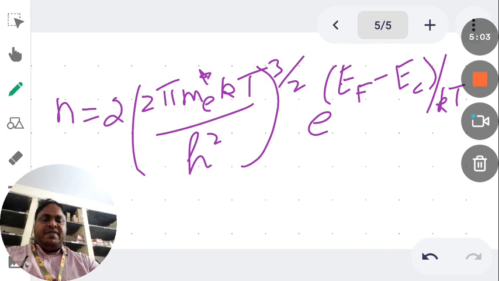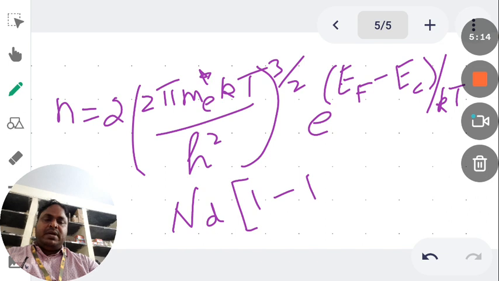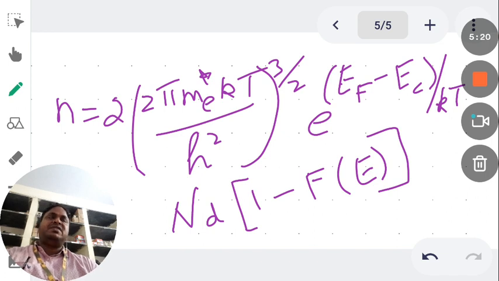Now the density of ionized donors is given by Nd. Since they are holes, absence of electrons, the condition is 1 minus F of E. F of E is the Fermi distribution function which tells about the probability of the presence of electrons. If it is absence of electron, then we have to include 1 minus F of E.